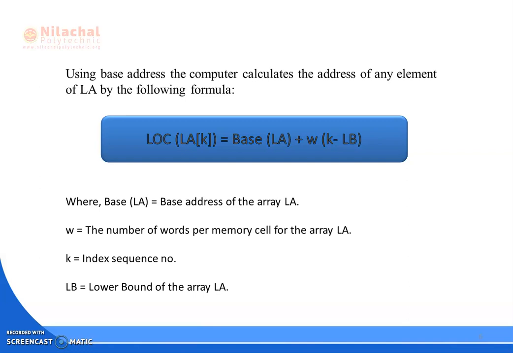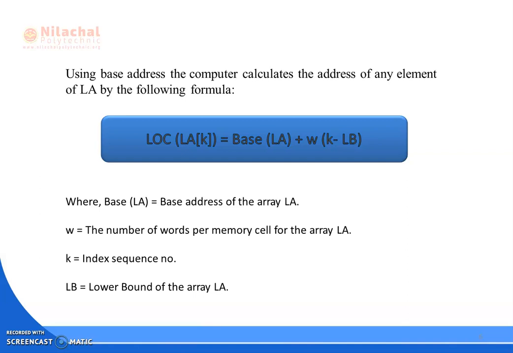Already we know LOC of LA of K is the location, or memory allocation, of any position of an array that is named LA, and the base address is the first address of the elements of the array LA.